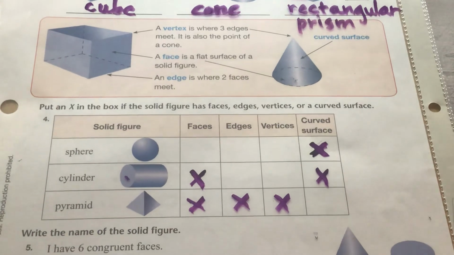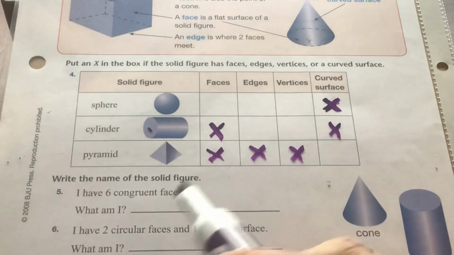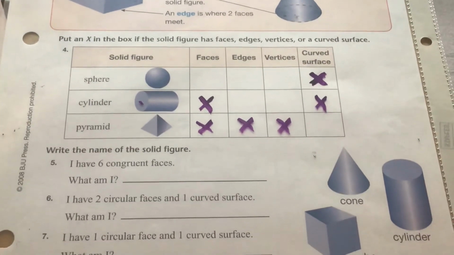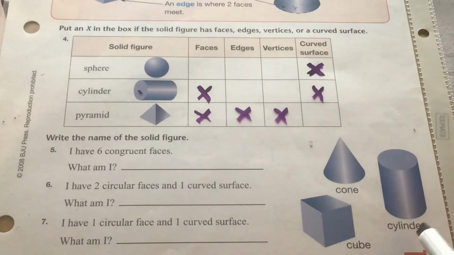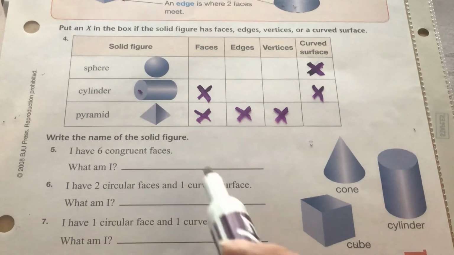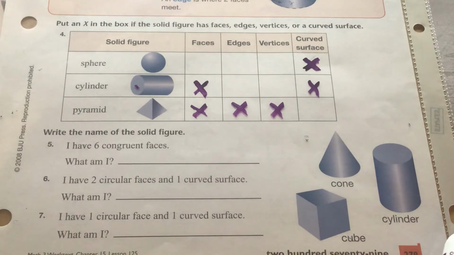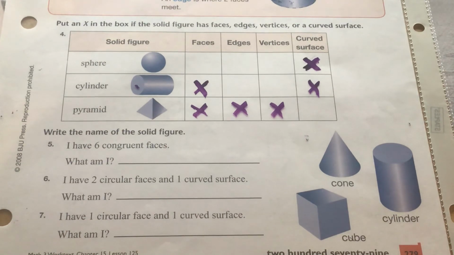All right. Well, let's go down to the bottom. Now we're going to match a description to one of these three shapes. We have a cone, a cylinder, and a cube. And they want us to name the solid figure. It says, I have 6 congruent faces. Well, we know that congruent means exactly the same shape and the same size.